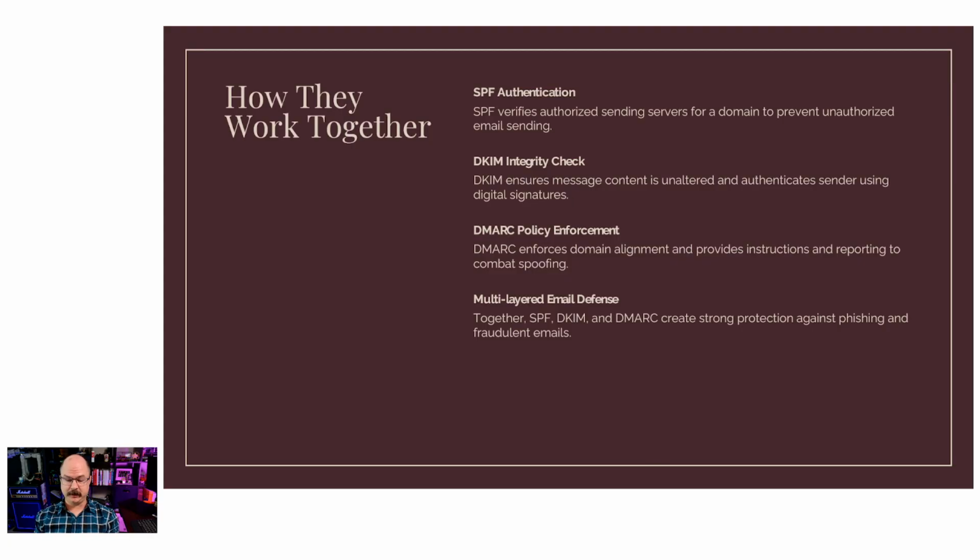It also provides policy instructions and reporting capabilities. When implemented correctly, these protocols create a multi-layered defense against email spoofing and phishing. They help organizations maintain the integrity of their mail communications and protect recipients from fraudulent messages.